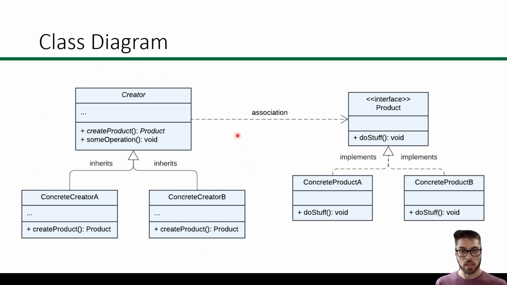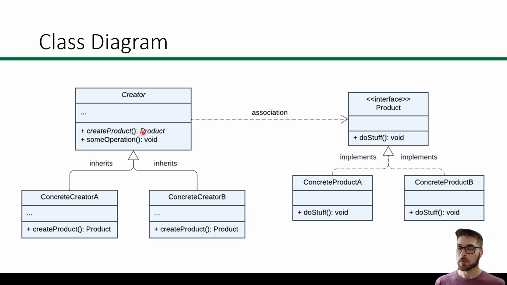On the left side, we have our creator classes with our creator methods inside, or the factory per se. So here on the left, we have the creator, which is our abstract class. It gets some properties if you need them. And note the first one here, the create product method returning the product, which is abstract.